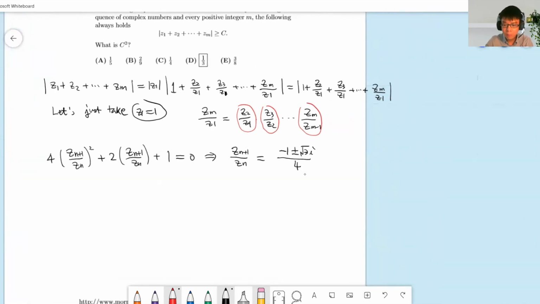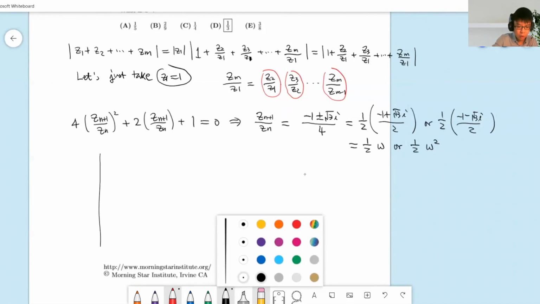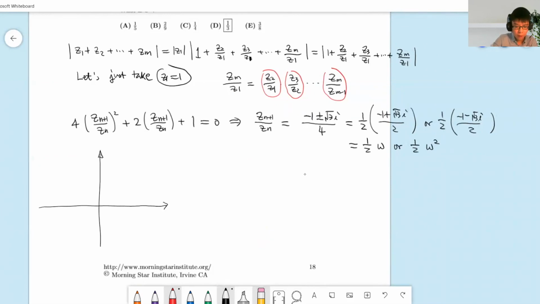Well, here we can factor out 1/2 to get 1/2 of minus 1 plus root 3i over 2, or 1/2 of minus 1 minus root 3i over 2. Now, we can denote this as 1/2 of omega or 1/2 of omega squared. Here, omega is a special complex number. If we draw this complex plane, that corresponds to the direction 2 pi over 3.